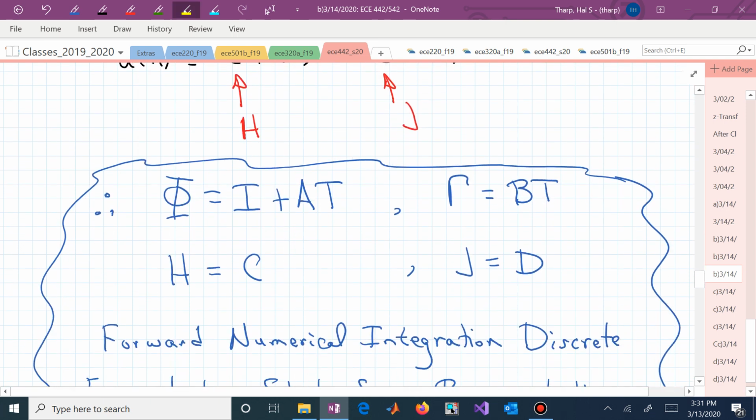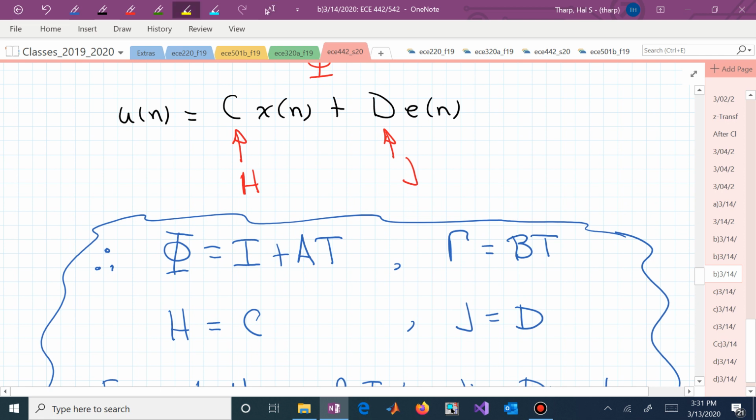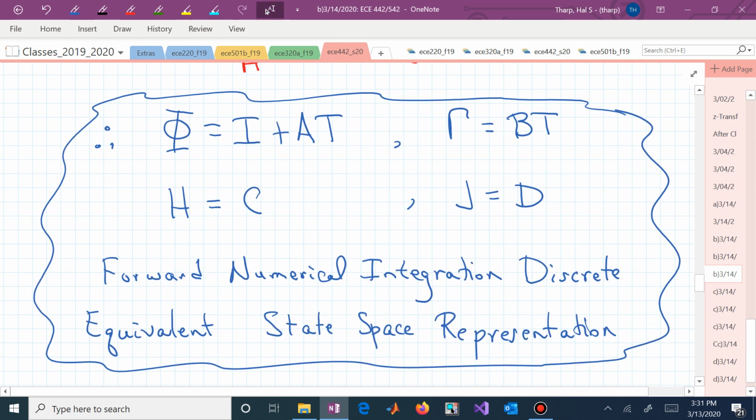The input matrix, you simply scale the analog input matrix B by the sample period T. The output matrix C is an immediate equivalence to the output matrix H. Likewise for D if you do have a direct feed-through matrix. And that means that using the forward strategy, it's pretty quick to find a discrete equivalent state space representation using the forward numerical integration strategy.